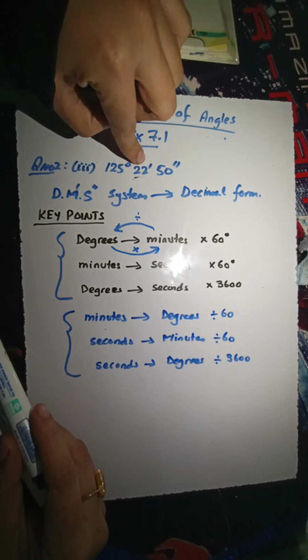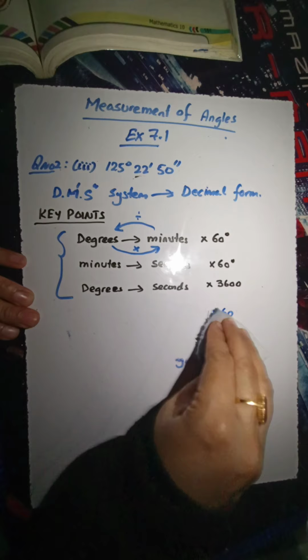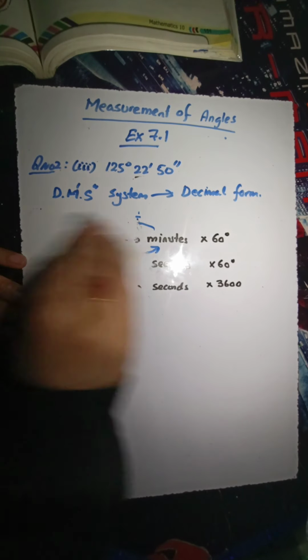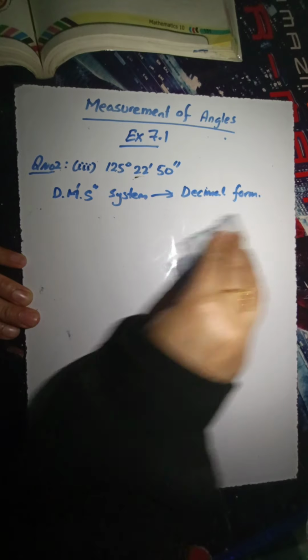In order to convert 50 seconds into degrees, I have to divide by 3600. Here we are going from a smaller unit to a larger unit, therefore we are going to do division throughout. So remember these key points and write them down in your book or notebook to save them with you.